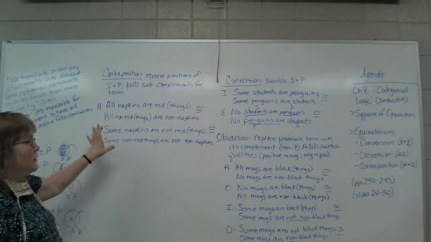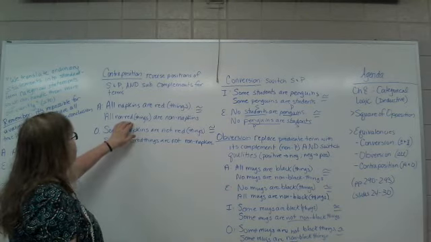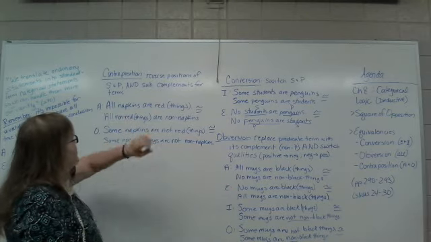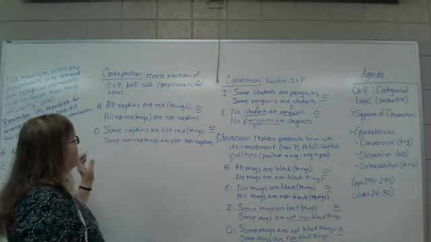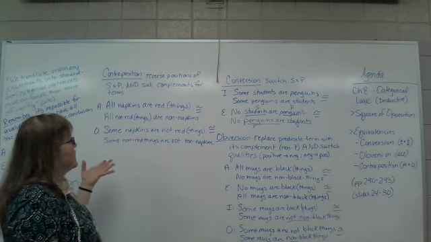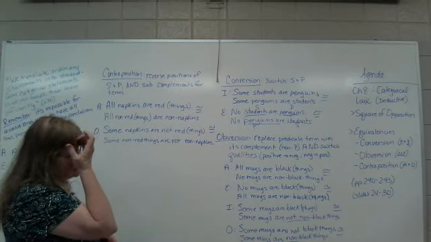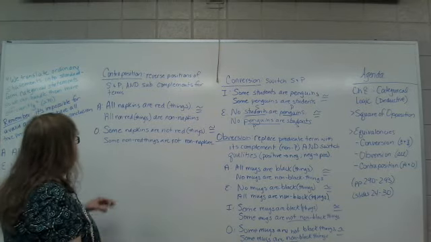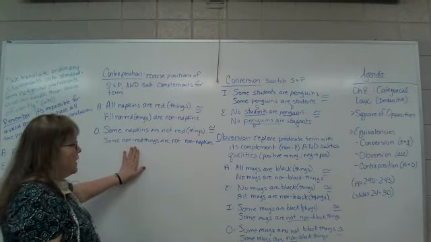This is just the way it works, right? Now you can see things, especially here with the A. All napkins are red. All non-red things are non-napkins. It's the same thing, right? Because we have that idea that what we don't say is everything else is not, whether that's true or not. So keep that running around your head.